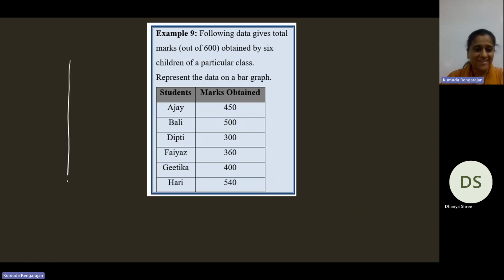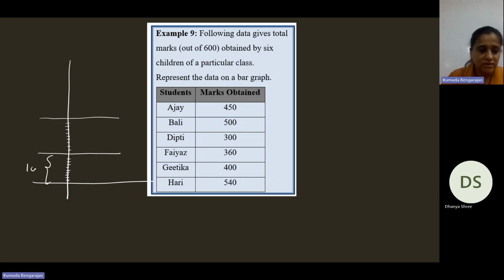1, 2, 3, 4, 5, 6, 7, 8, 9. This is that main line. 10. 1, 2, 3, 4, 5, 6, 7, 8, 9. So this is that 1 centimeter.